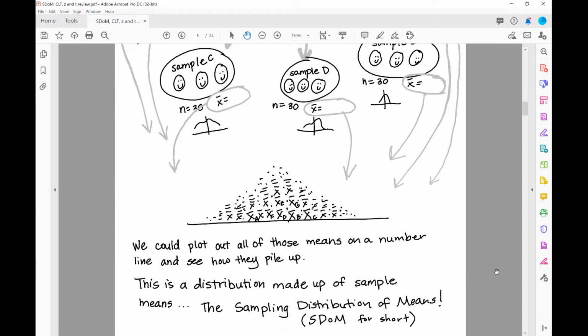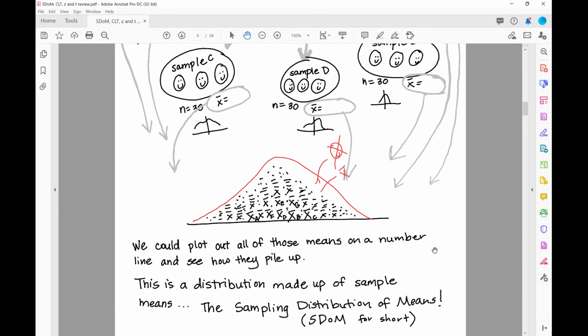So keep in mind that this distribution that we see here is no longer a distribution made up of individual people. Okay, I cannot draw very well on this. So this is not individual people like we had in our sample. This is now a bunch of sample means.